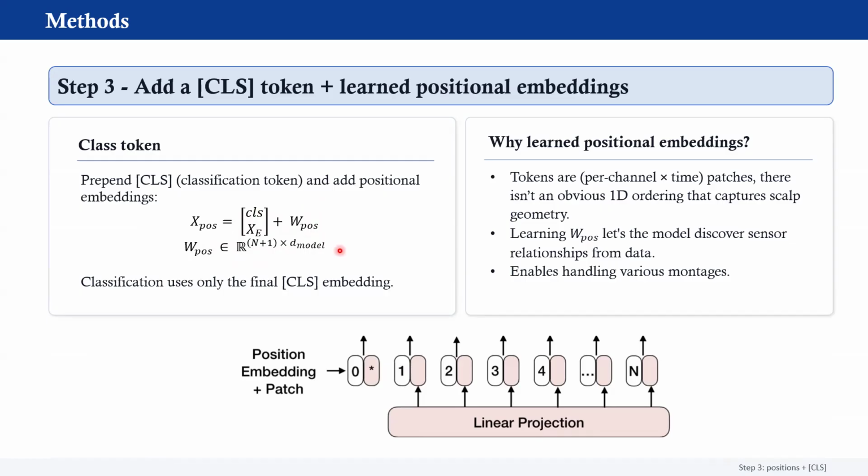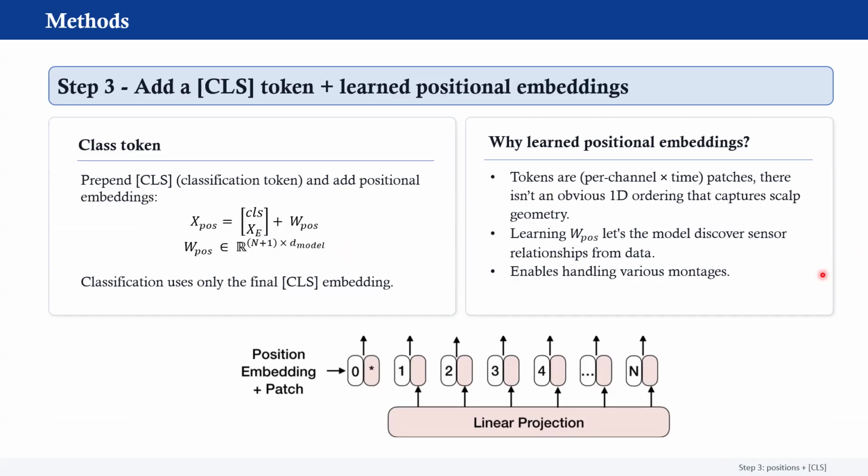Okay. So the key point here that I want to emphasize is that these positional embeddings are learned, and they have later looked at these positional embeddings to see whether they make sense. So we'll come to that as well. But the main reasoning they've given for using learned positional embeddings is that, like I mentioned, the tokens are per channel cross time patches.